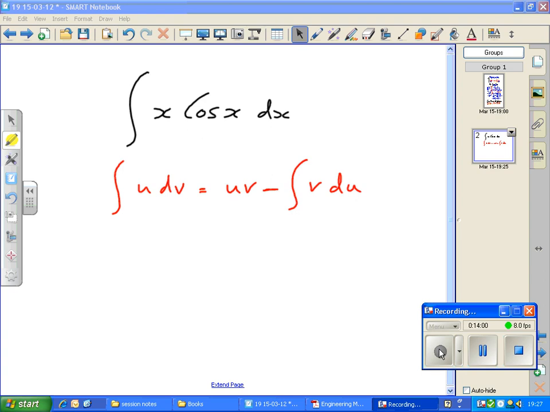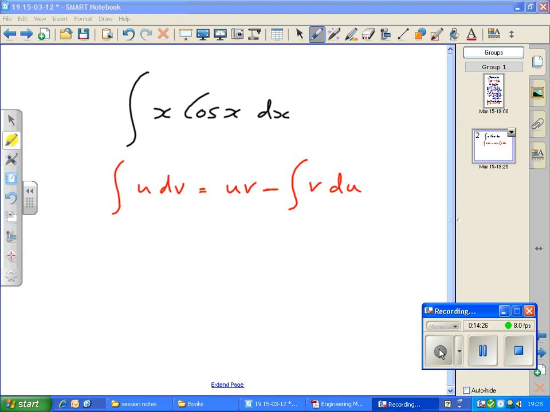First step, decide what I'm going to call u and what I'm going to call dv. The first clue is to think, whichever bit I call u, if I differentiate it, does x disappear? And if it does, that will work. If I call u x and I differentiate x, it's gone, isn't it? The differential of x is 1. So that's the one to let u.